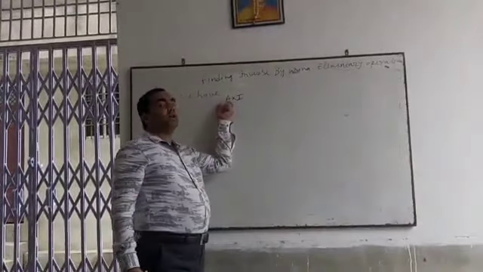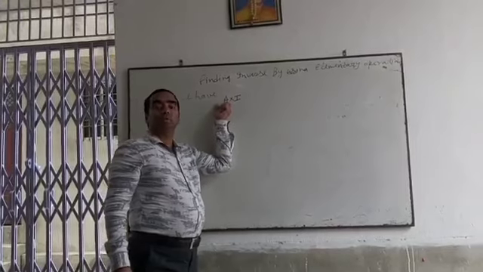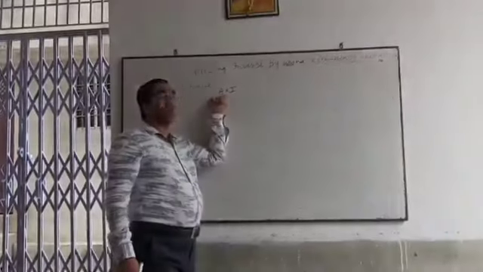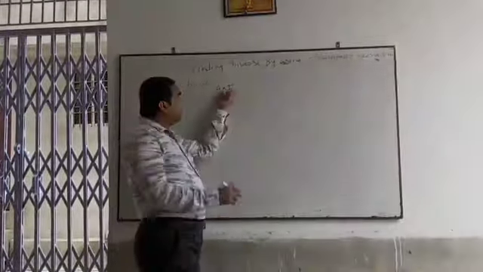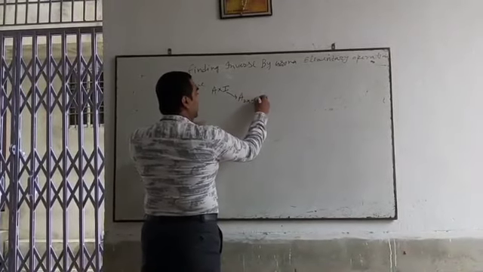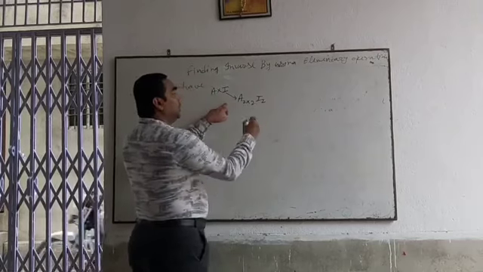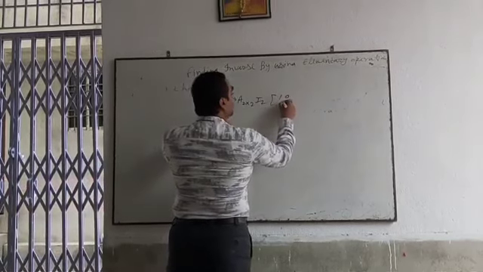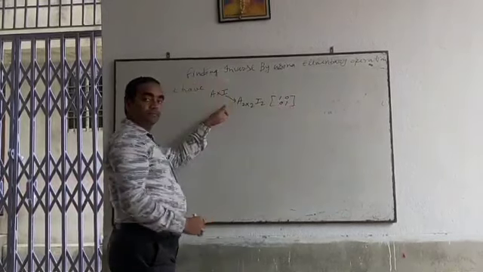Means if the order of A is 2 by 2, means A is a square matrix of order 2, then in that case this I must be in the form of I2, that is 1 0 0 1.